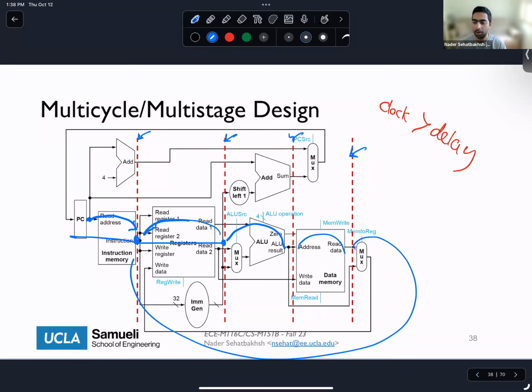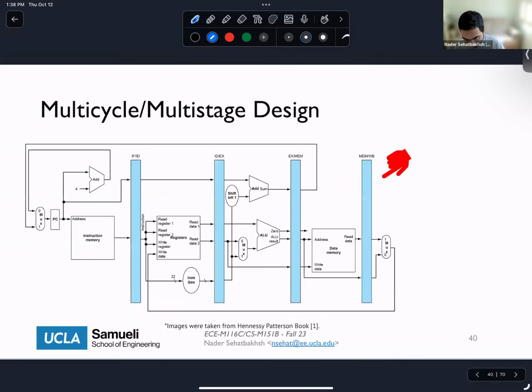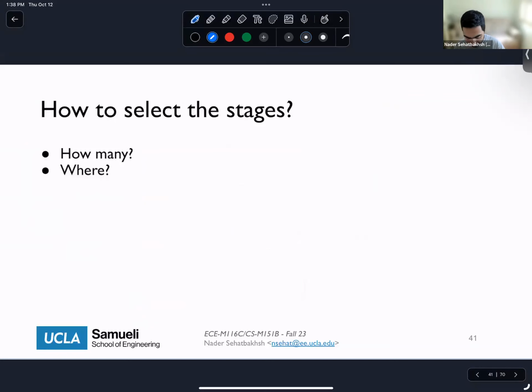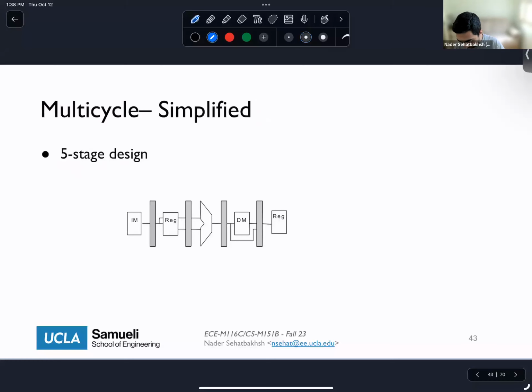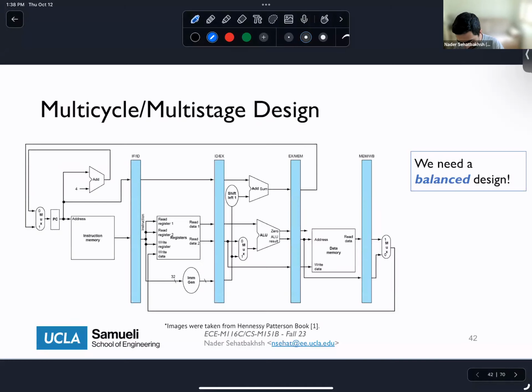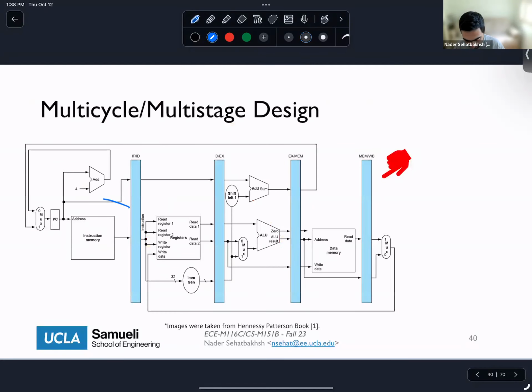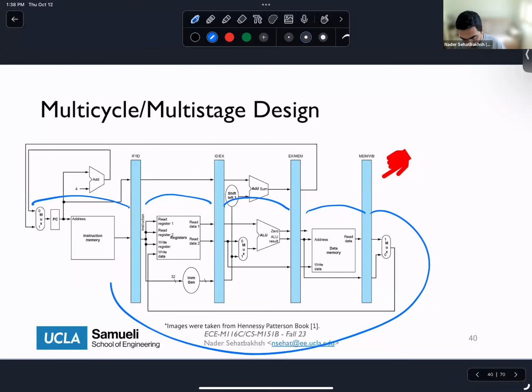Now if you think about how fast I can clock this design, you will see that the fastest I can clock this is determined by the largest delay among these.